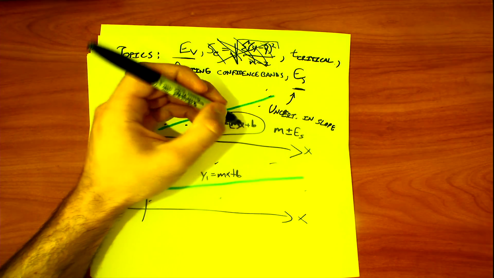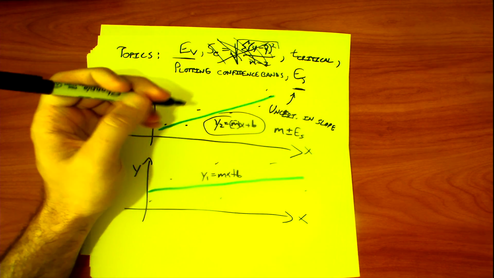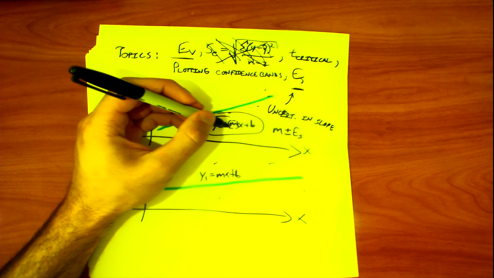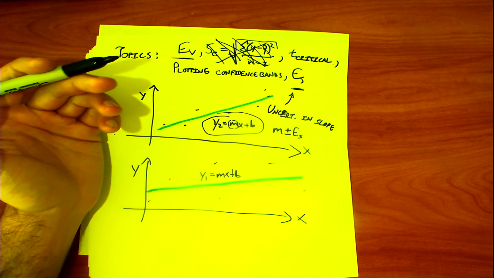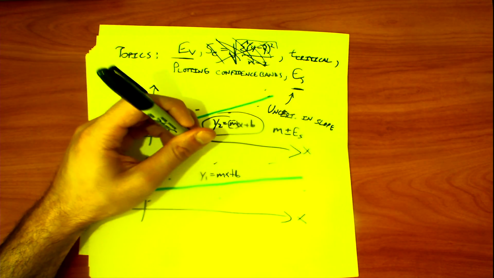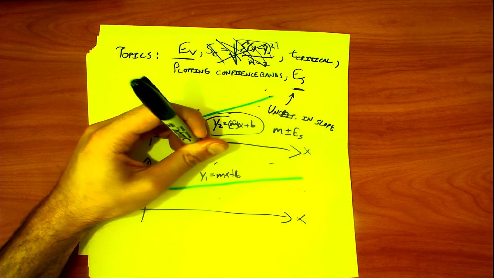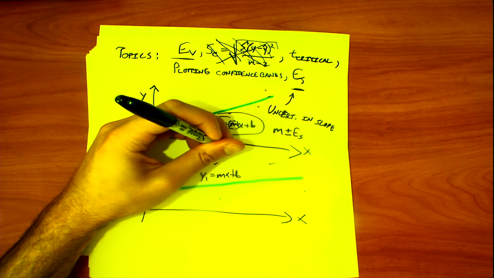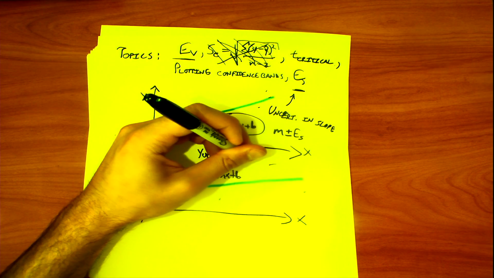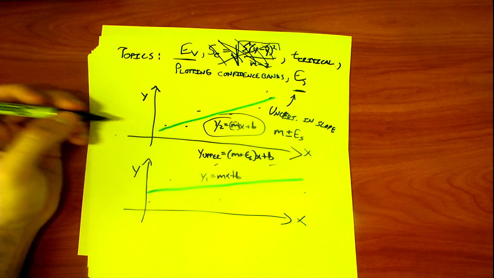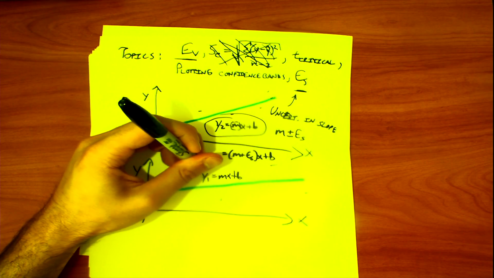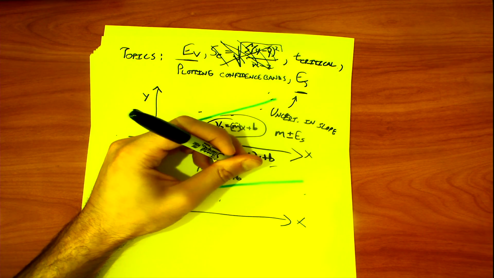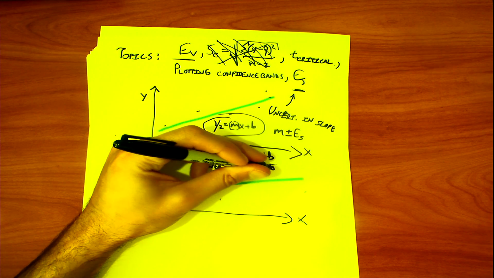So if I was going to use this equation, I could say, okay, nominally, my model will spit out whatever I estimate m is going to be times x plus b. But I know that my upper bound, say, if m is positive, I could get up to m plus ES times x plus b, or I could get a value as low as m minus ES times x plus b.